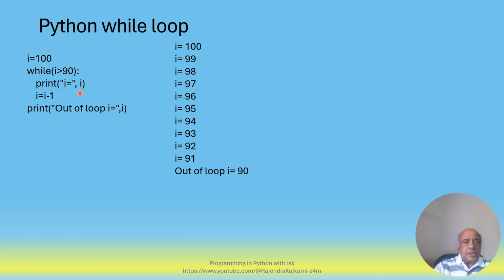While I is greater than 90, here we are decrementing I by 1. So what we get as output is 100 down to 91, and when I is 90 the loop will terminate. It will not execute the print and I minus 1 statements. It will directly execute the statement which is outside the while loop block.